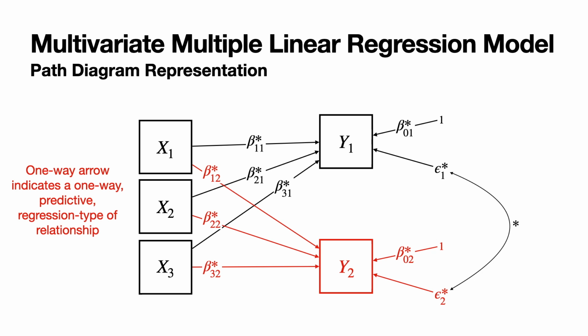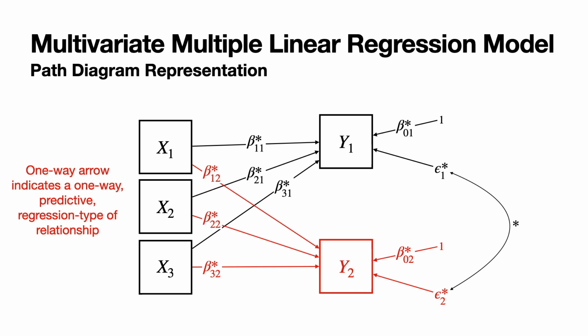We also have one-way arrows coming from the error terms into the response variables. Epsilon 1 has a one-way arrow emanating from it to y1, so that error term is impacting the response variable y1, and the error term epsilon 2 is impacting response variable y2 because there is a one-way arrow emanating from it to y2.